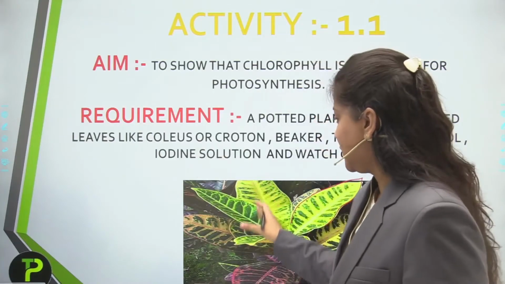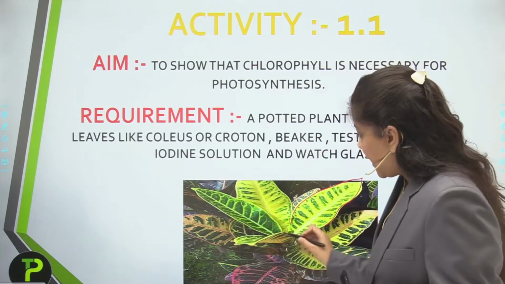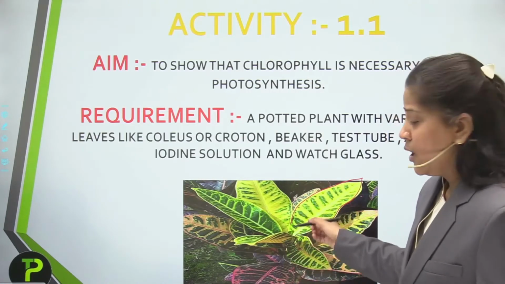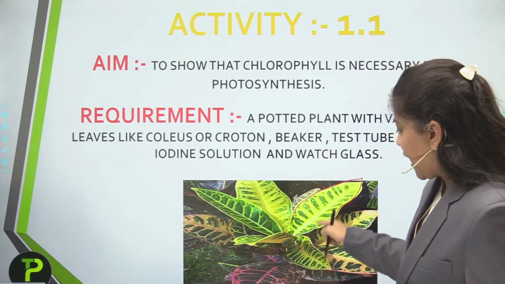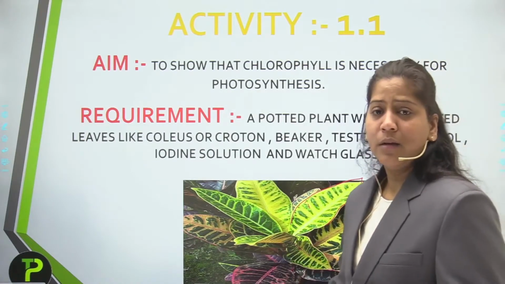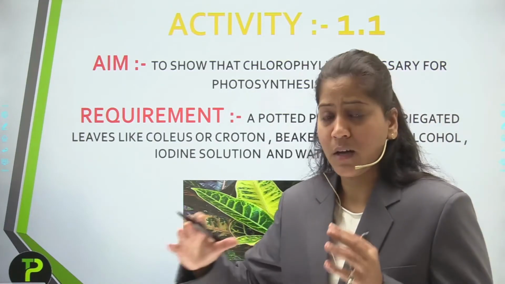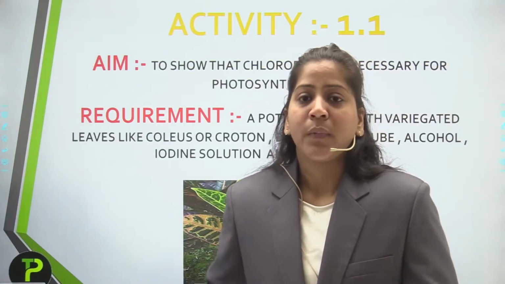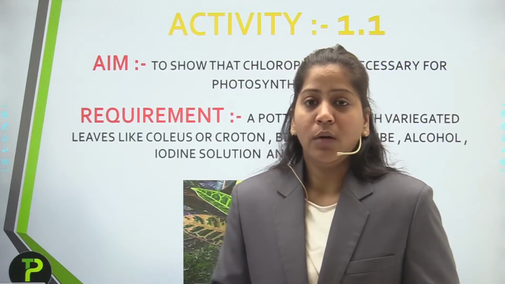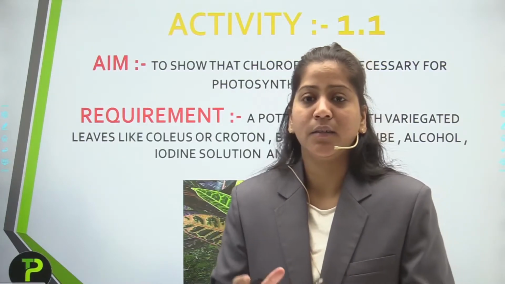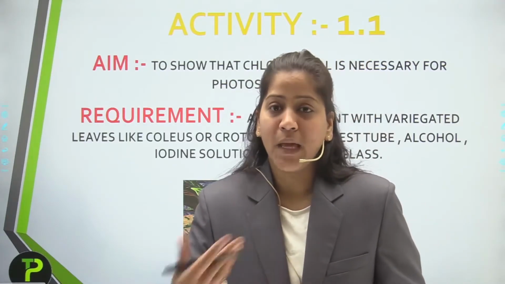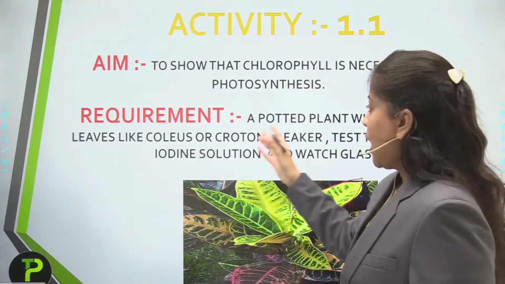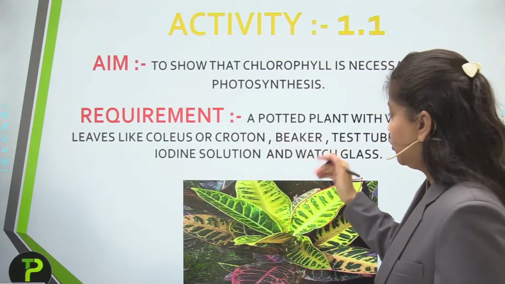So we will test if I take a leaf which has a green part, a yellow part, and a pink or red part: do all these colors or parts make food and need chlorophyll? These are the requirements I have shown.